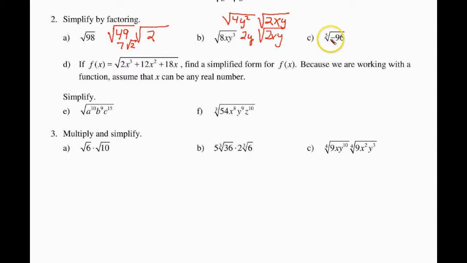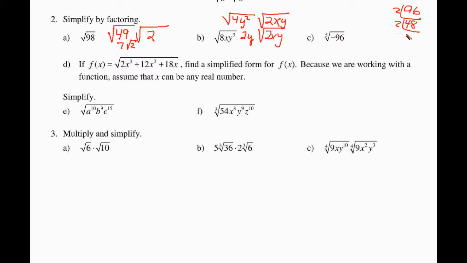Okay, so here we have this. And I looked at this before and I said, well, how can we figure out what would be the perfect fifth factor of this? Well, if we did this, 96 divided by 2 is 48.